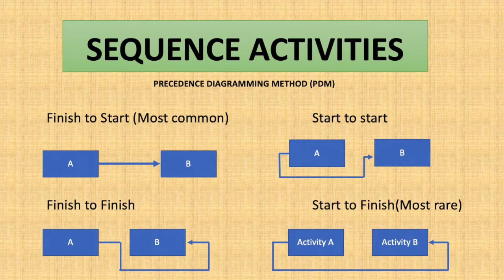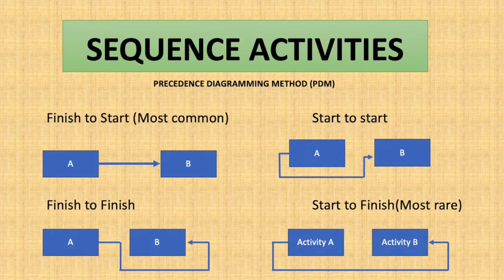The first and most commonly used is finish to start. Here we have two activities: activity A, which is a predecessor, and activity B, which is a successor. In this type of relationship, activity B cannot start until activity A is finished.